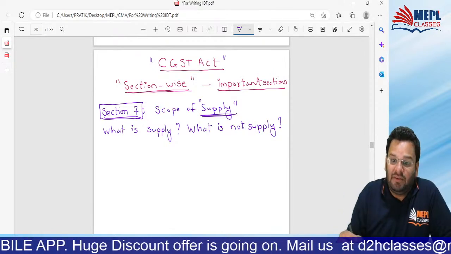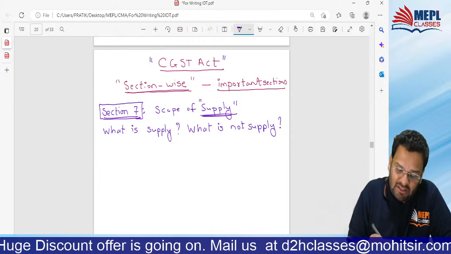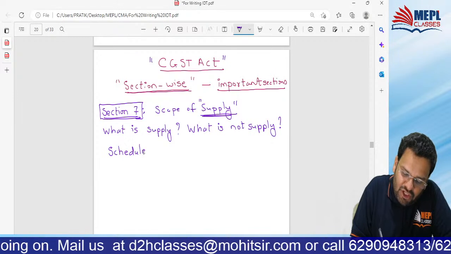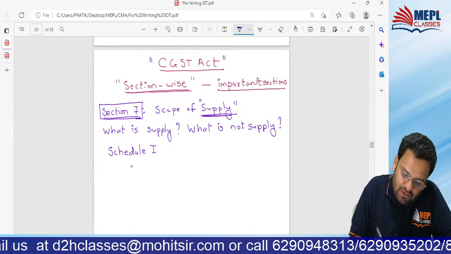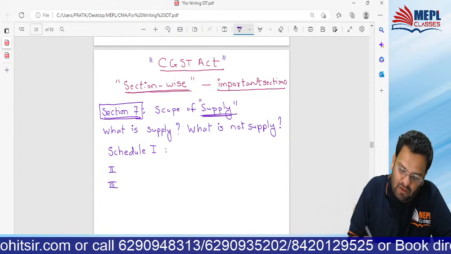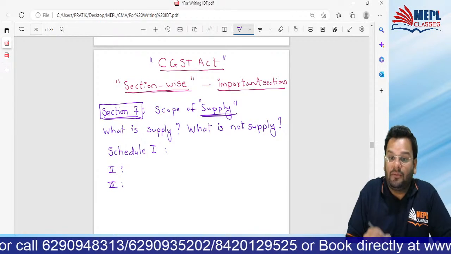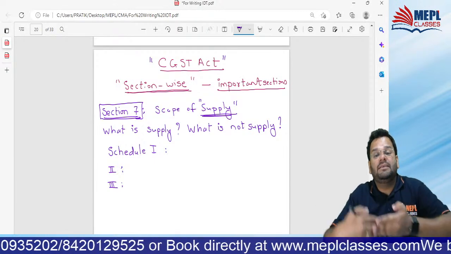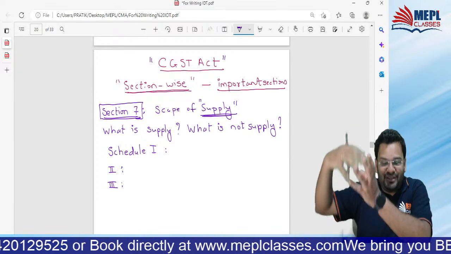Speciality of section 7 is you have to read section 7 with schedules. So there is schedule 1, schedule 2 and schedule 3. What is schedule 1? Schedule means list. L-I-S-T, list.